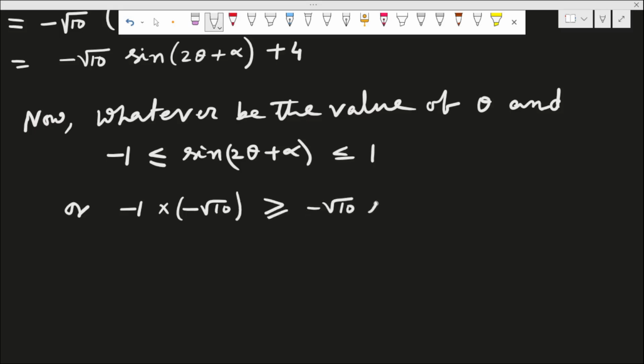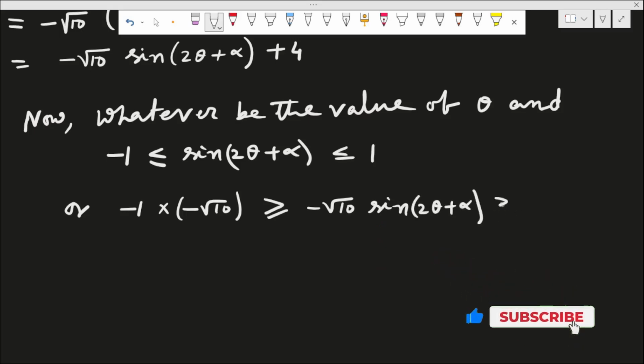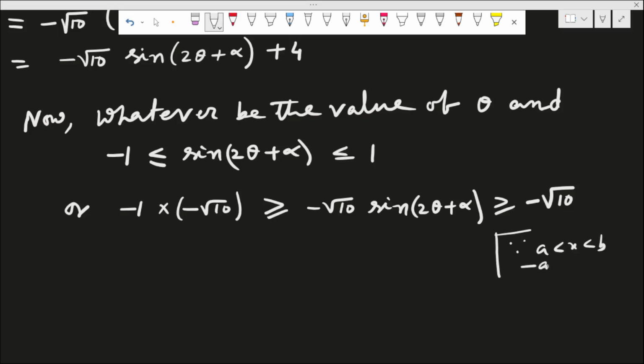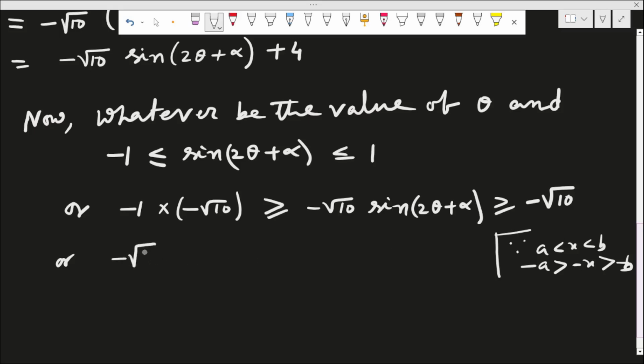Root 10 is greater than or equal to minus root 10 sin of 2 theta plus alpha, which is greater than or equal to minus root 10. Now reversing this, minus root 10 is less than or equal to minus root 10 sin of 2 theta plus alpha, less than or equal to root 10.